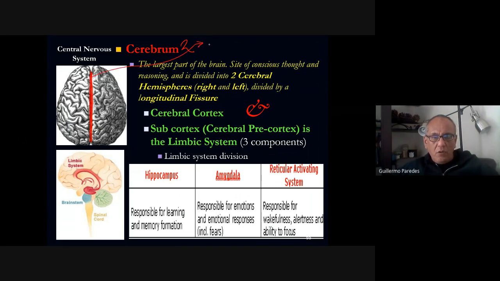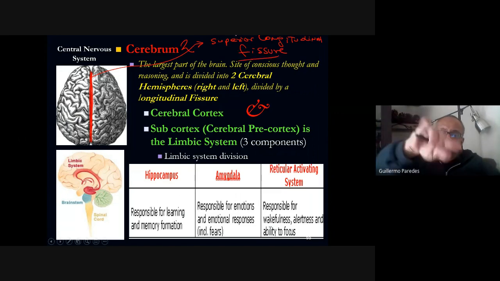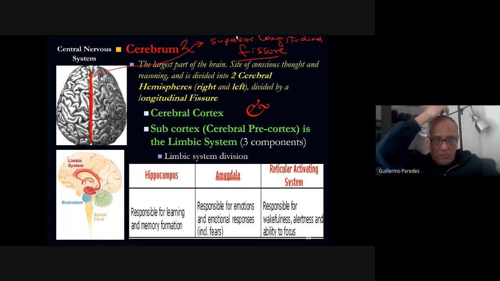It's called the superior longitudinal fissure. If you put your finger there in between the two cerebrums, you are able to separate the right from the left.